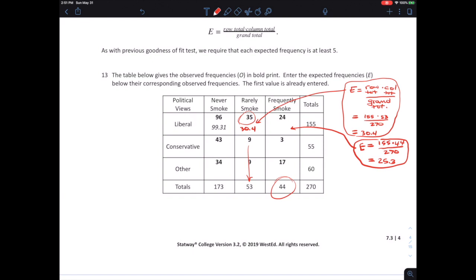Maybe let's do one more. Down on this row, the expected frequency is the row total, which is now 55, times the column total, which is 173, and you divide by that grand total of 270.